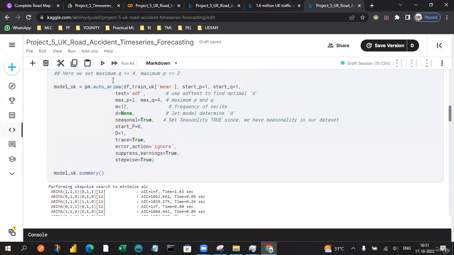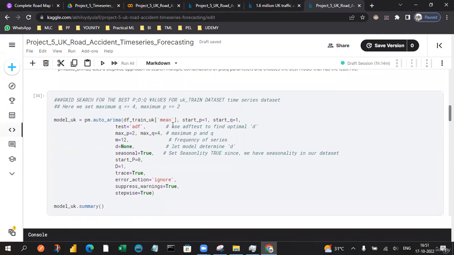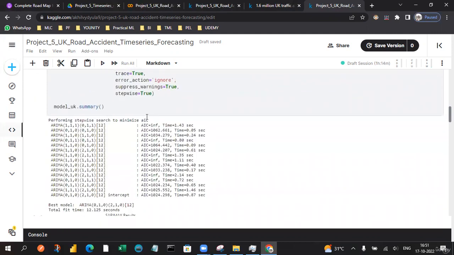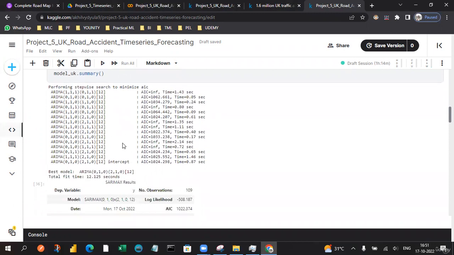These are also some of the frequency of the series and the model determinants d, and the seasonality may be true, but we are not dealing with seasonality in this data set. These are the results of minimizing the AIC values across the different P, Q, D values. The best model has P equal to 0, Q equal to 1 and D equal to 0.